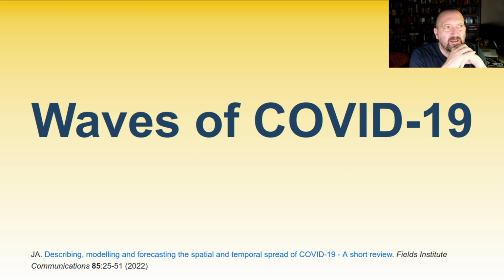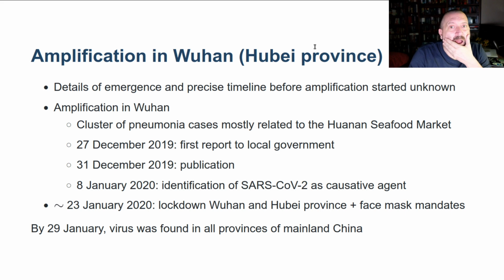And the last thing I want to talk about in this lecture is waves of COVID, and I will go quickly, but these are some notions that I think are important because they combine space and heterogeneity at the local level. So in terms of what happened, it's not really clear, but what we know is that what I will call amplification took place in Wuhan.